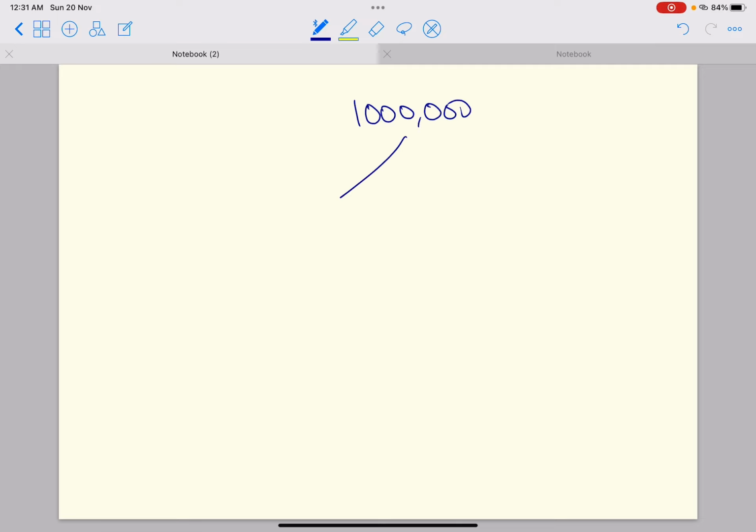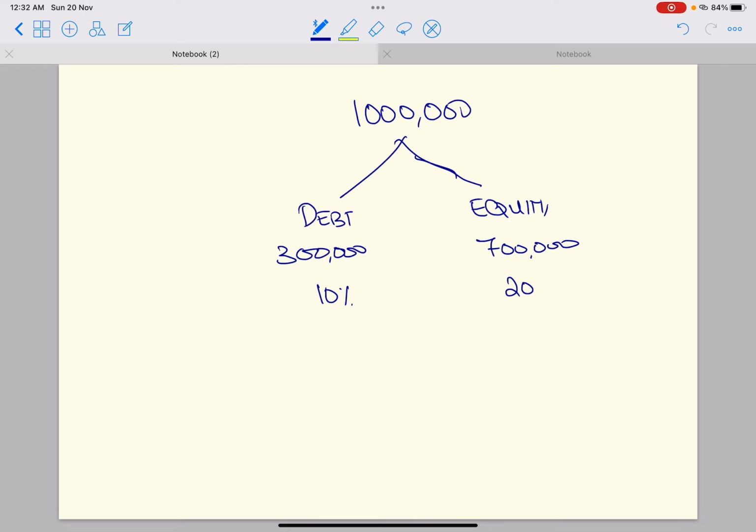Third is, what if I need 1 million and I was able to secure money from both debt and equity shareholders. So let's just say that 700,000 has been offered by the equity shareholders and 300,000 has been offered by the debt shareholders. Debt shareholders are demanding 10% for their capital, whereas owners are demanding 20%.